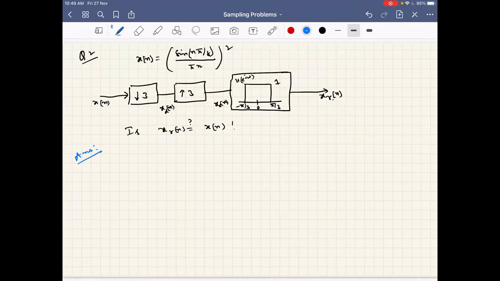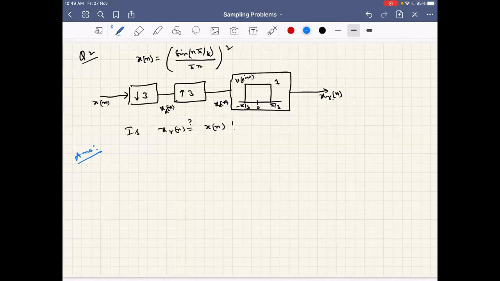Bhargav, will you tell? I think it's the same as the input signal, sir. You are telling the answer. I am asking the first step. Sir, in case of downsampling, the spectrum will be... No. What is the first step?